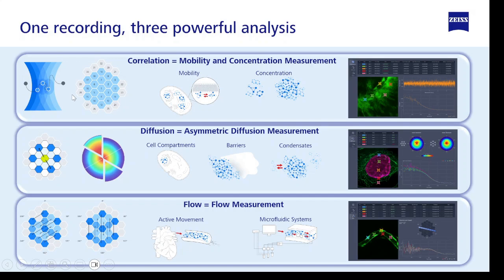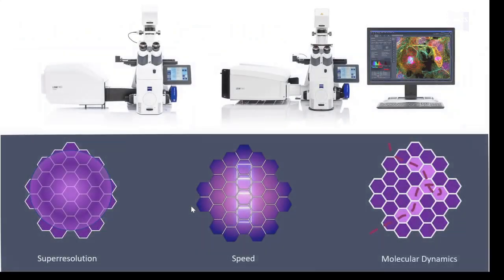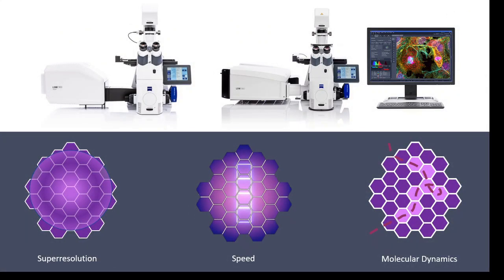You can get the flow speed and flow direction of certain molecules at a certain spot. So by using the Airyscan detector, you not only can get super-resolution high-speed imaging, now you can also measure the molecular dynamics.